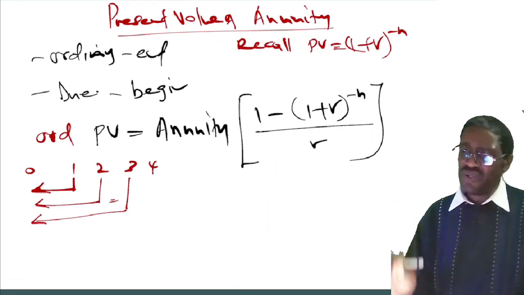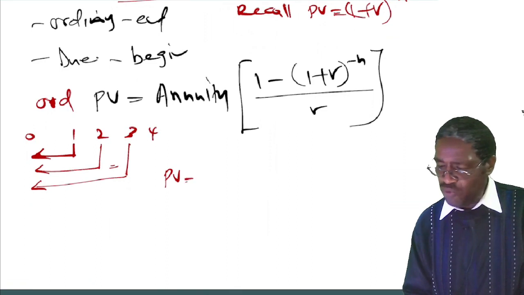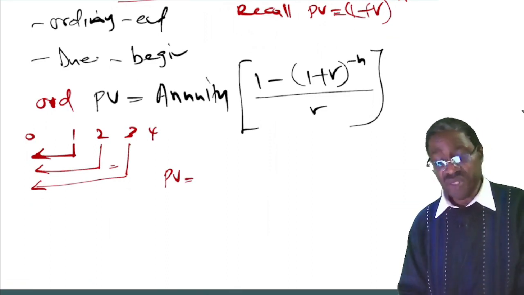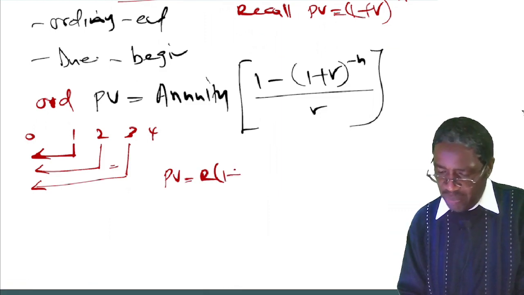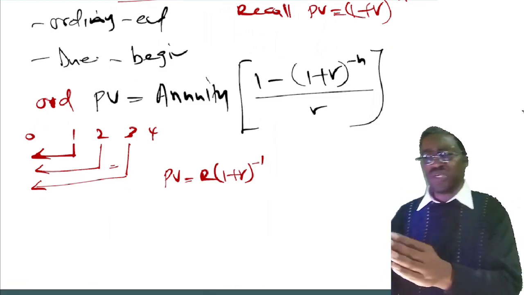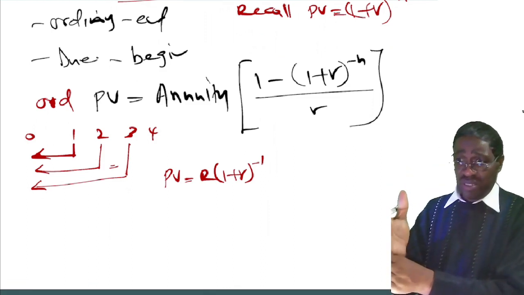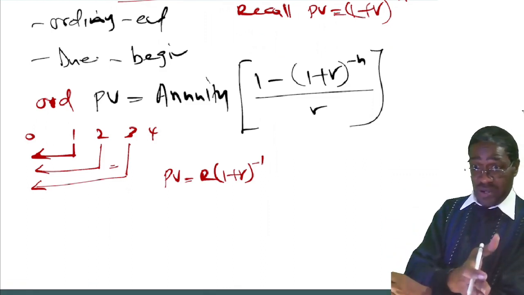So if you are using this short formula, then the present value of your annuities will be R into (1 plus R) to the power of negative 1. What I invested, or what will be in the account by end of year 1, what is the present value? I only bring it back once, okay?